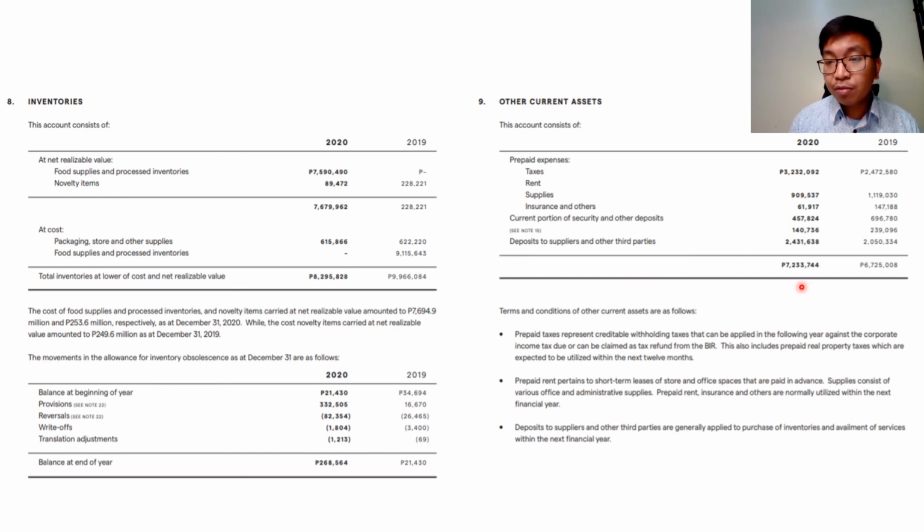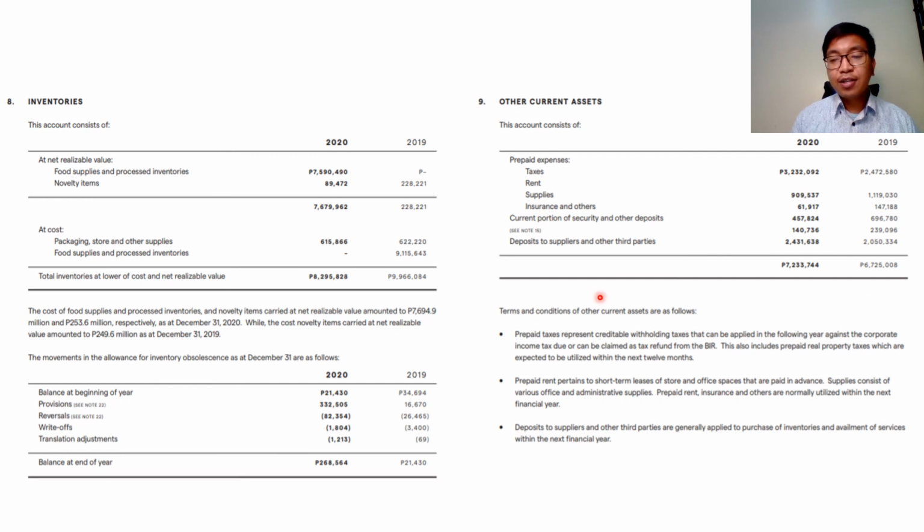It's amounting to 7.2 billion, and this 7.2 will be seen in our statement of financial position. If we are going to put all of these in our statement of financial position, then our SFP will be very, very long. So for us to capture the summary of the statement, we just input there the final amounts for each account title.